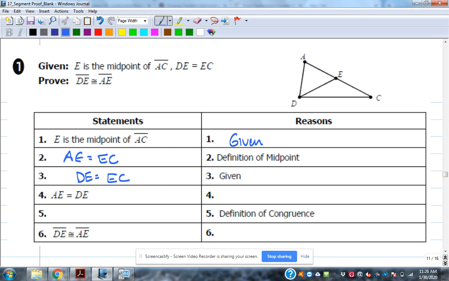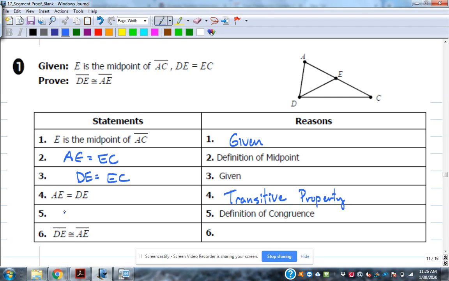How? Transitive property. Good job. We got 3 things. We have AE is equal to EC, and DE is also equal to EC. So that must mean AE and DE are equal to one another. That's how the transitive property works. And then because AE is equal to DE, those objects are congruent.